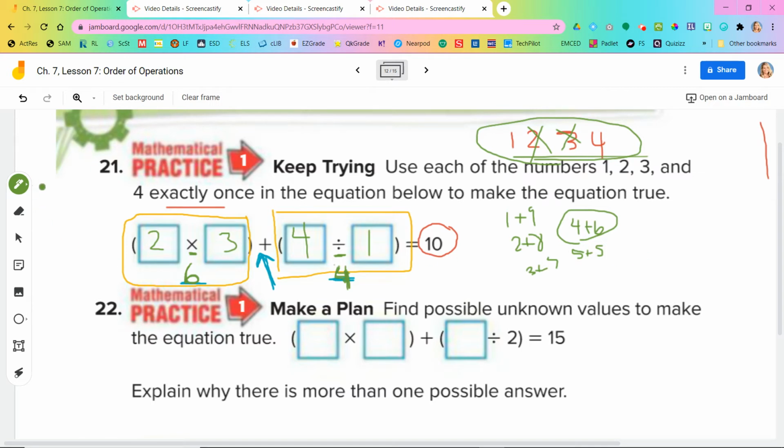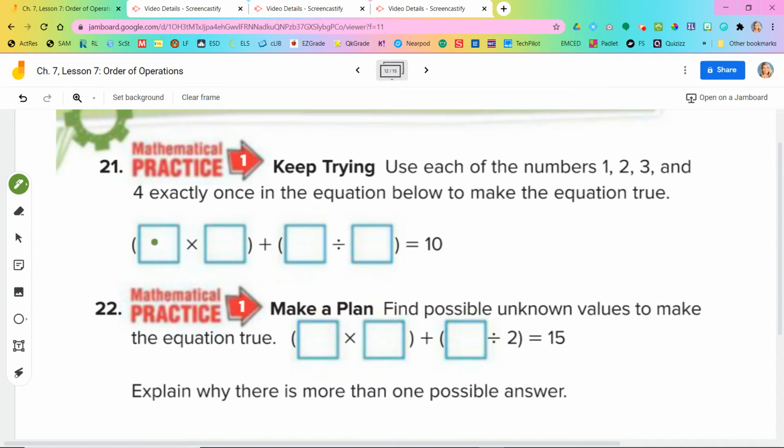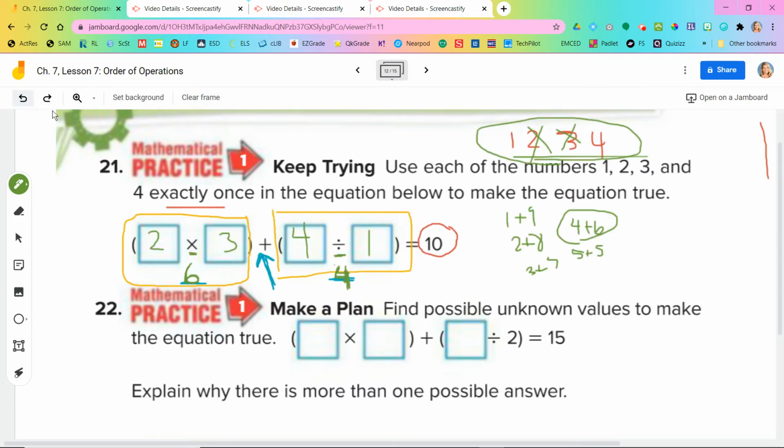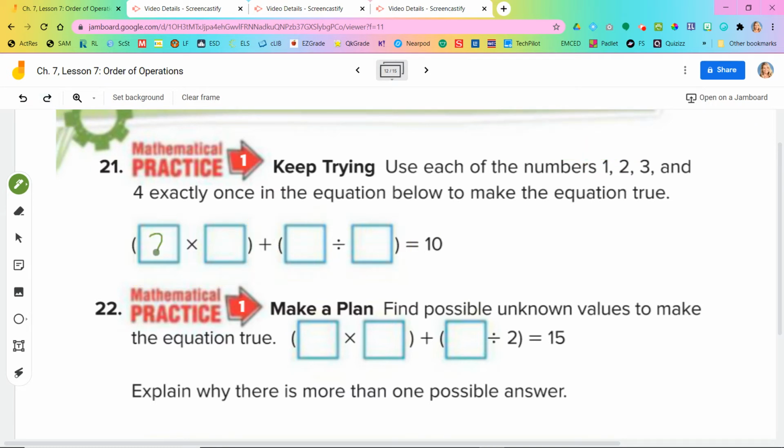So I've solved my problem. But let me explain to you how this works. If I had 2 times 3 and 4 divided by 1, 2 times 3 is 6.